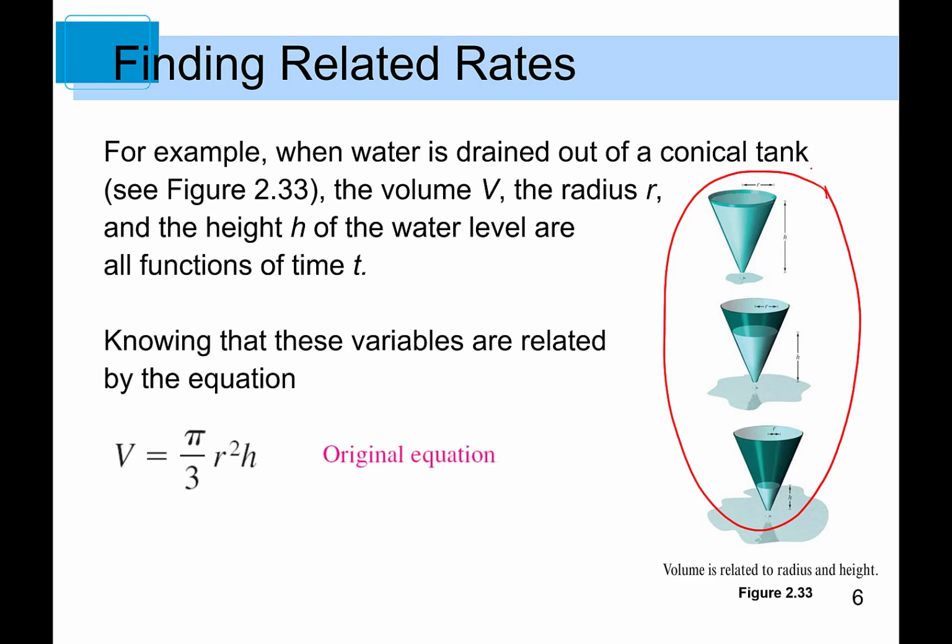Knowing that these variables are related by the equation V equals pi over 3 times R squared times h. This is the original equation, and this is the motion describing the process of draining the conical tank.